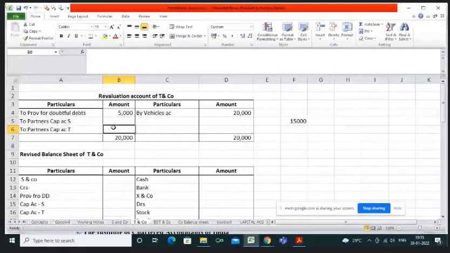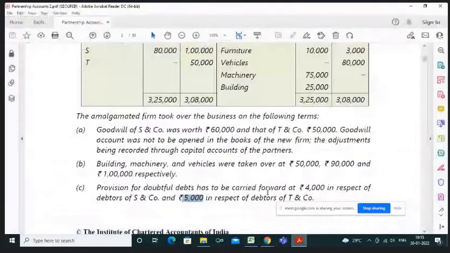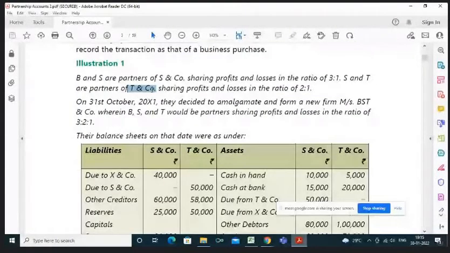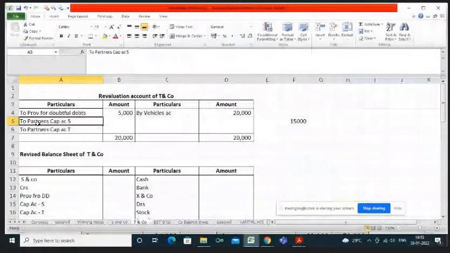Who has to share it? The partners, S and T. What is that profit sharing ratio? For that, we have to look into the profit sharing ratio in the case of T and Co. T and Co has two partners, S and T, and their profit sharing ratio is 2:1.